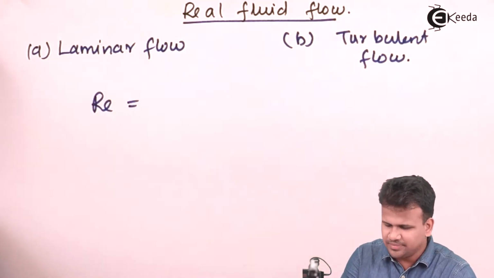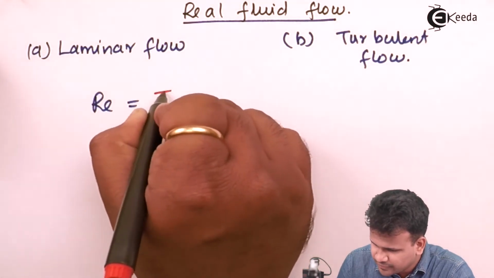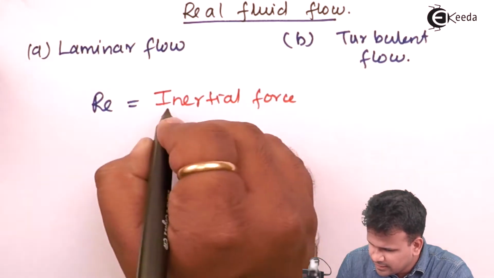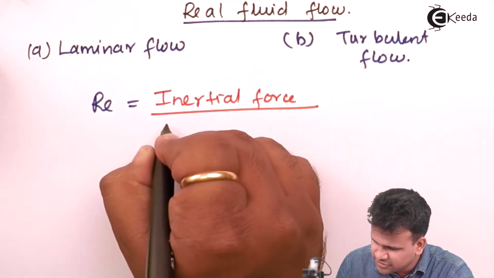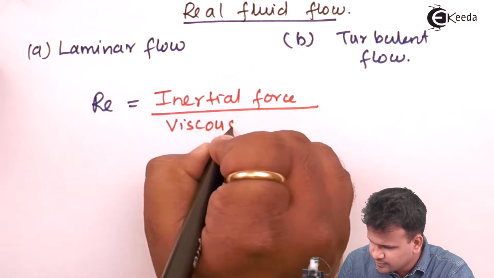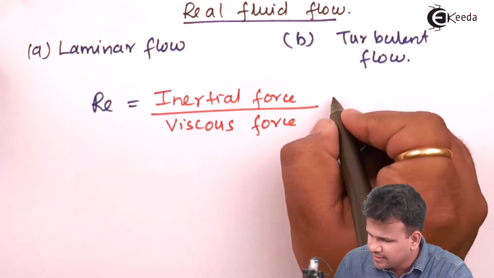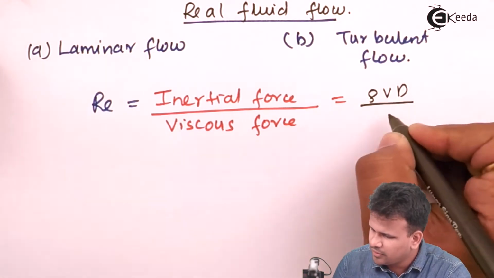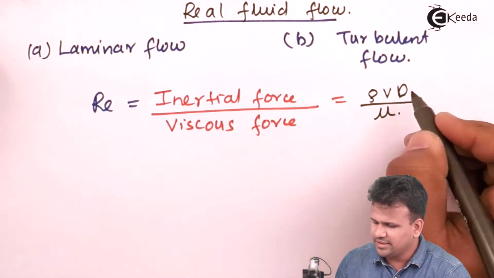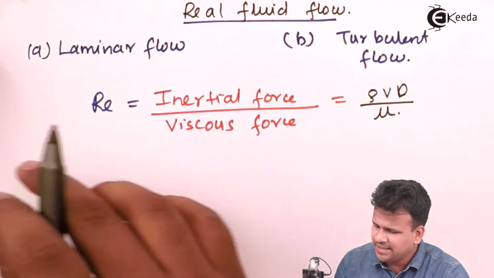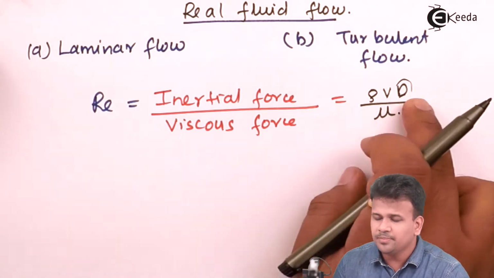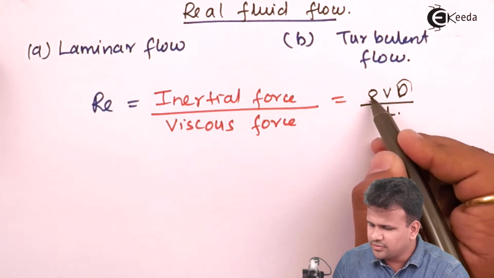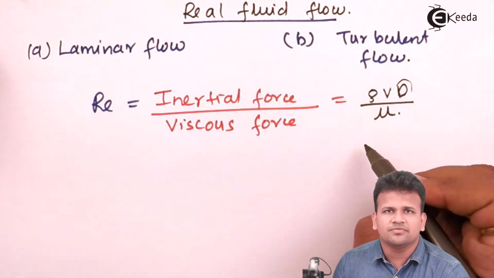Re. The Reynolds number is given as the ratio of inertial force to viscous force. It is given as rho v d upon mu. We are considering the fluid flowing through a pipe, hence d is the diameter of the pipe, mu is the viscosity, rho is the density, and v is the velocity of the fluid.